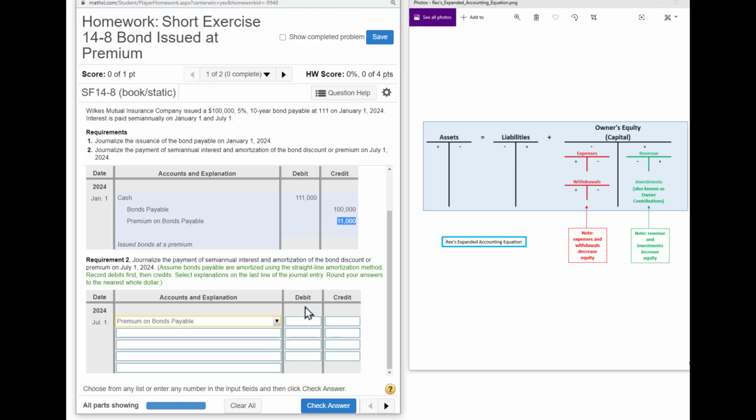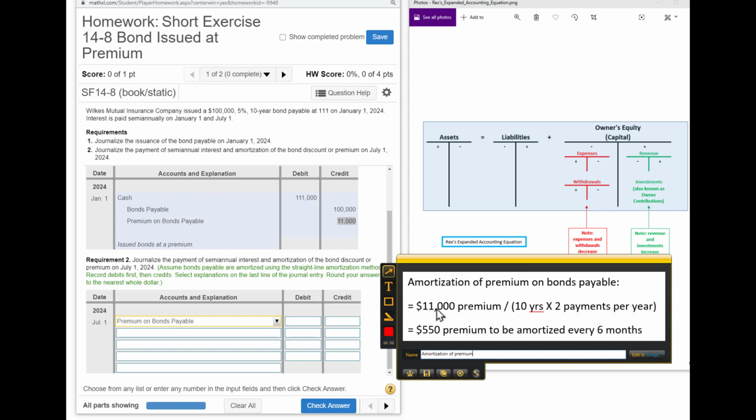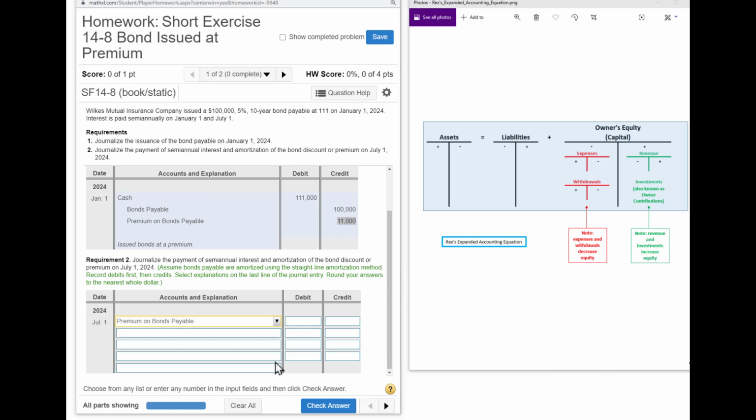Every 6 months, twice a year. So here's how we calculate the amortization. You take the $11,000 premium, divide by 10 years, and then divide by 2. So it gives you $550 premium. So $11,000 divided by 20, basically. So we need to amortize that by $550.